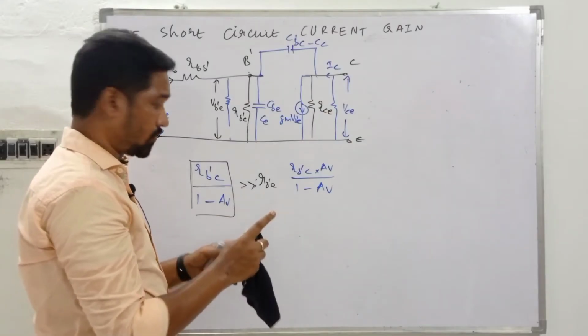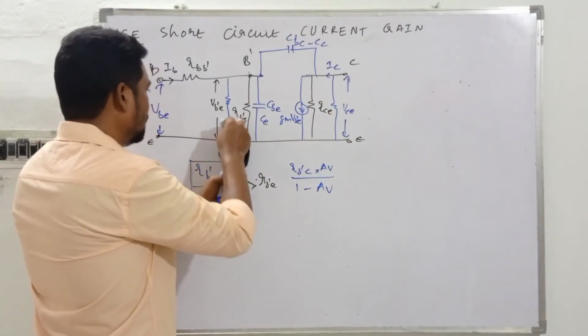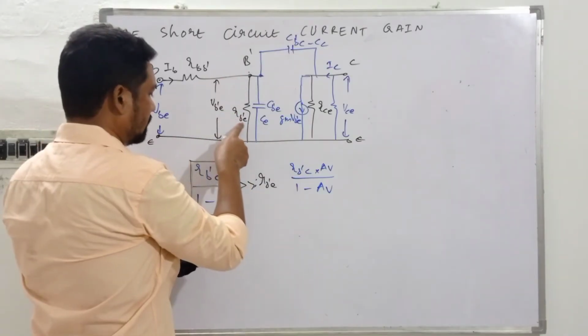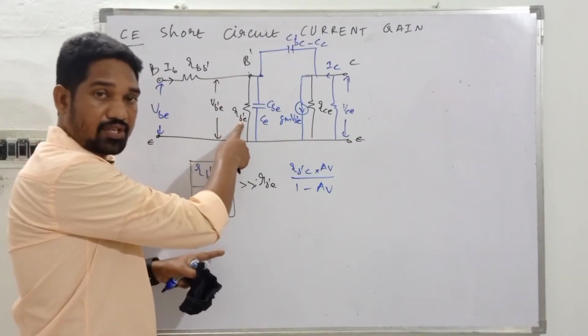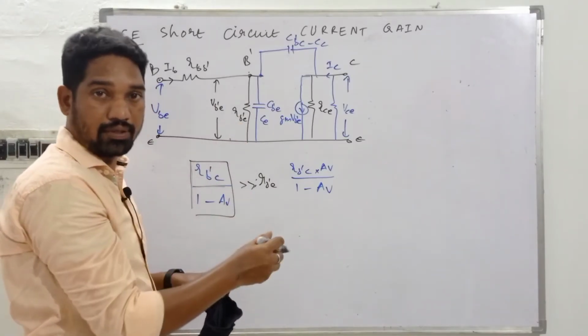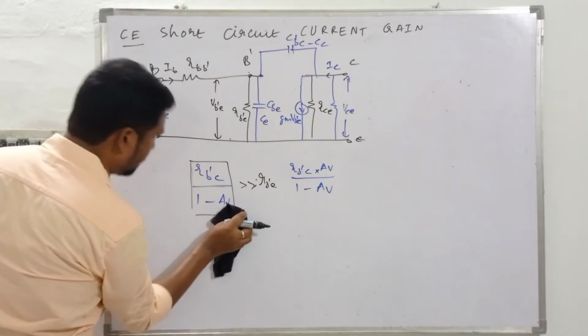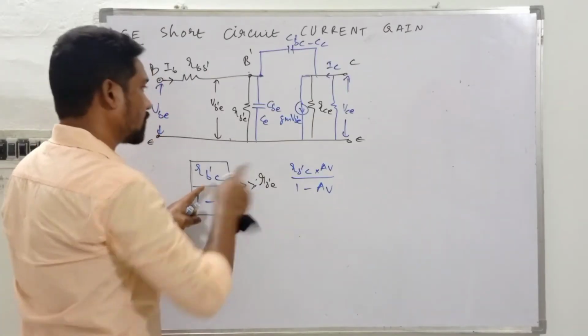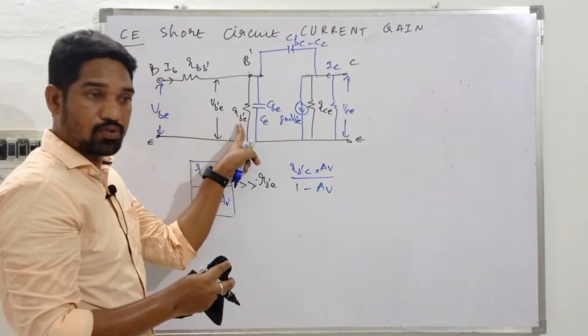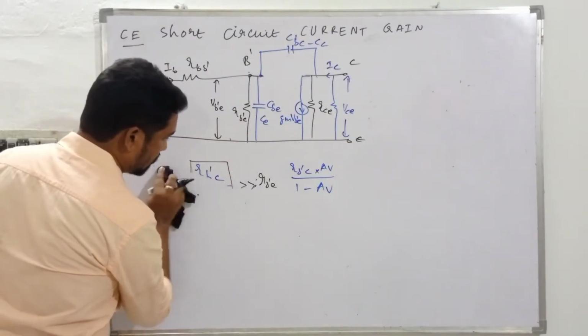Don't get confused, we don't need this resistance over here. Why? Because this resistance value is very high compared to this one, and when two resistances are in shunt with a higher and lower value, the resultant will be equal to the lower value resistance. It has been split and placed over here, but the resultant will be approximately equal to this one only. So we don't need this one in this case.